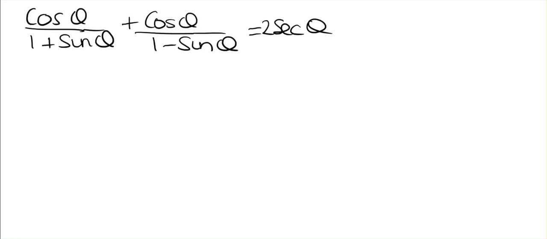The most complicated side here, we've got the left hand side, and we're going to solve this by cross multiplication, so we're combining the fractions on the bottom.